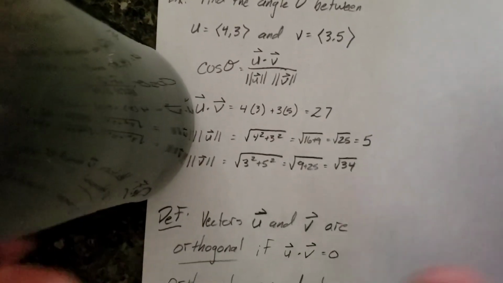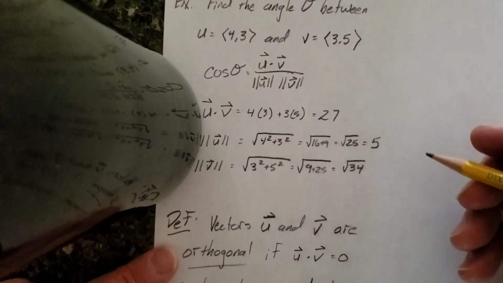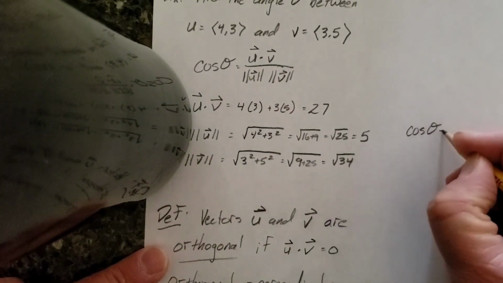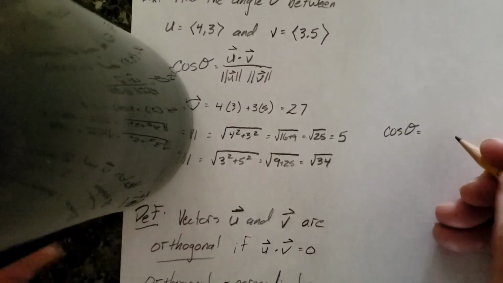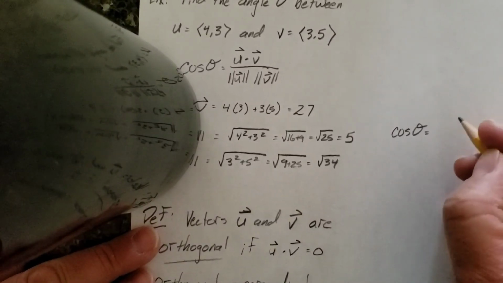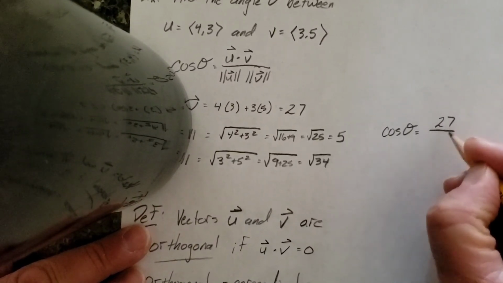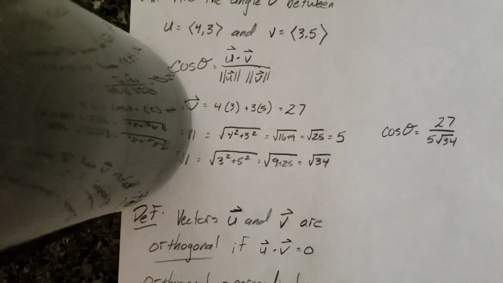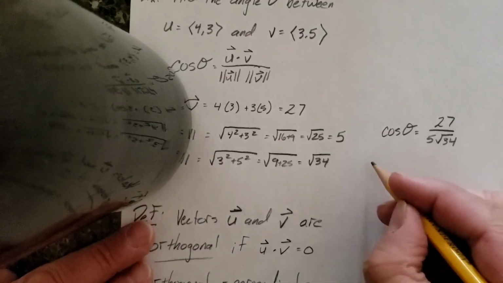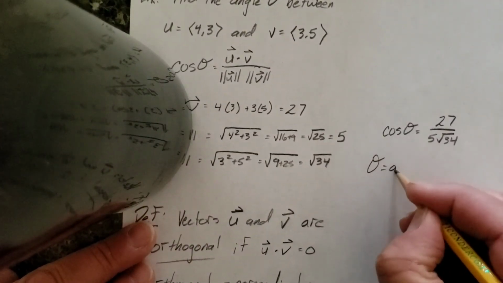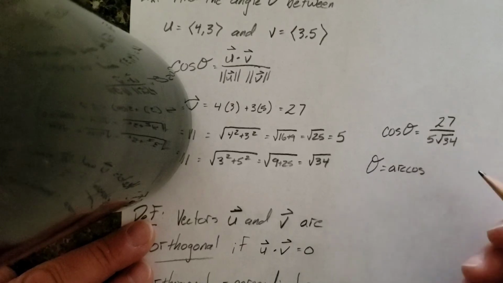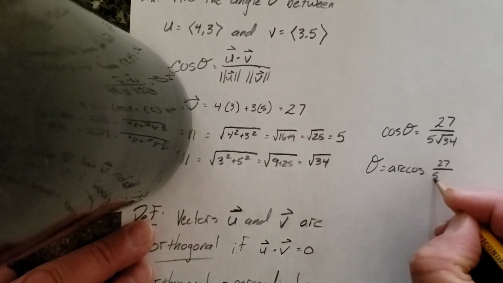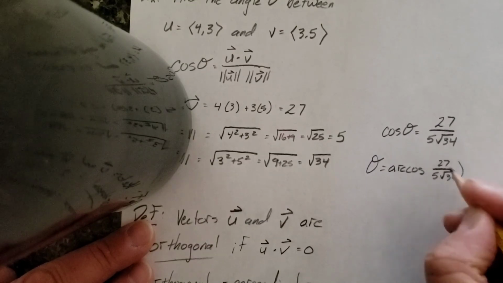So when we put it all together, we get the cosine of theta is 27 over 5 radical 34. Now into our calculators, we're going to do theta is arc cosine of 27 over 5 radical 34.